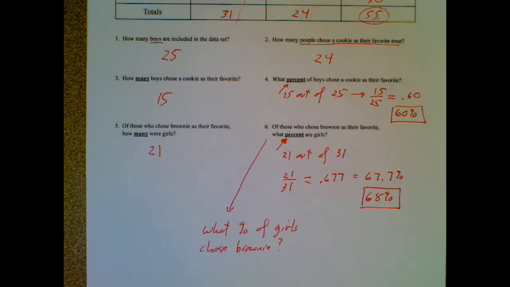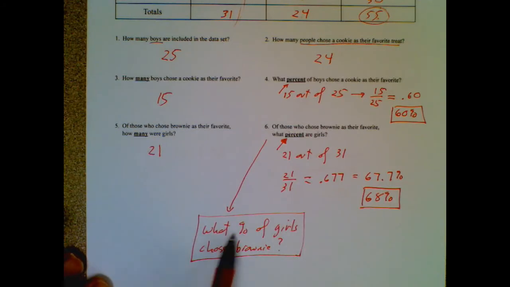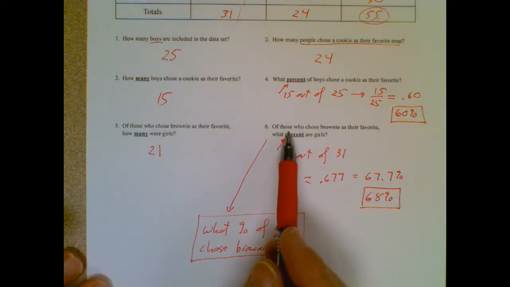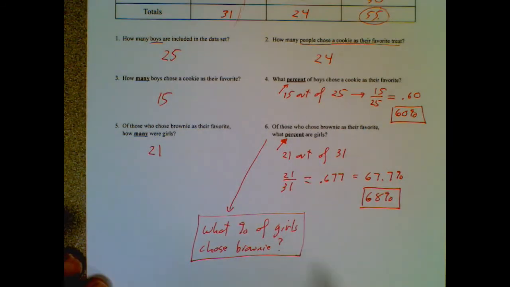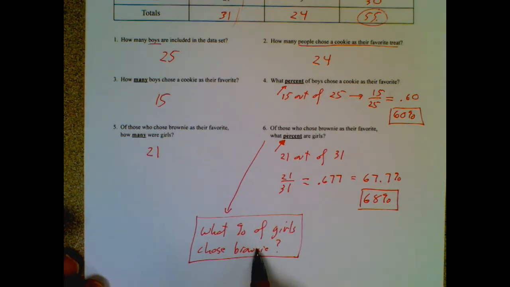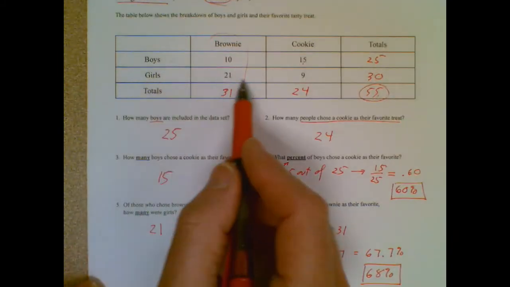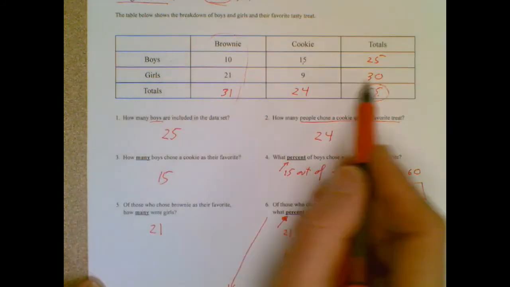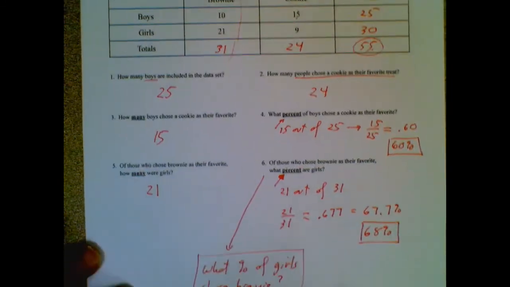So let's compare these two questions carefully, like you're a good lawyer. What percent of girls chose brownie is different than of those who chose brownie, what percent are girls? So if I were to answer this one, what percent of girls chose brownie, I would look up here and say, okay, there were 30 girls in total in this survey. 21 of them chose brownie.